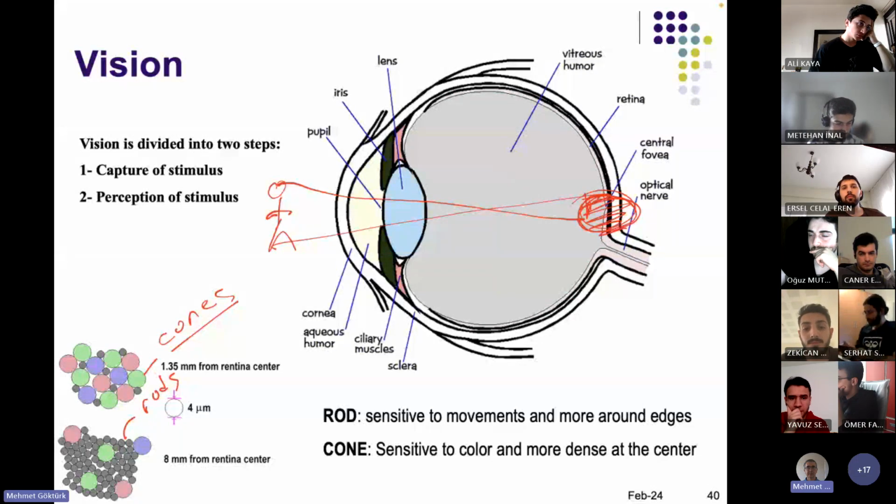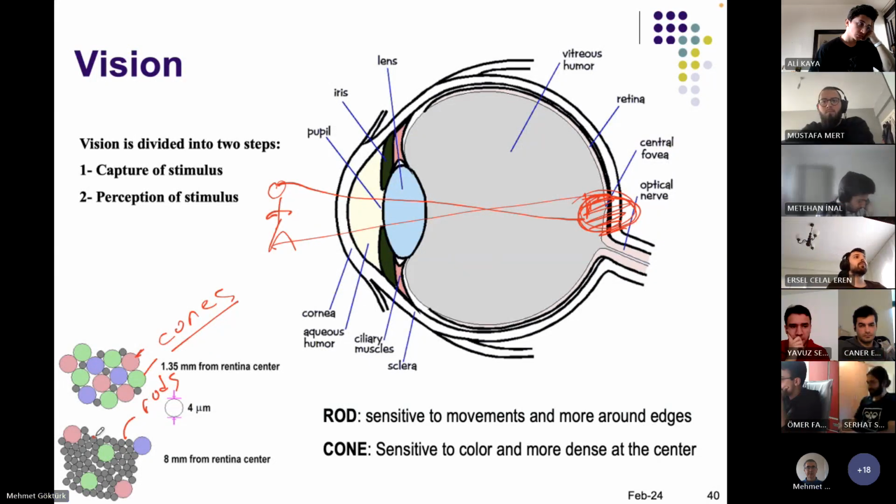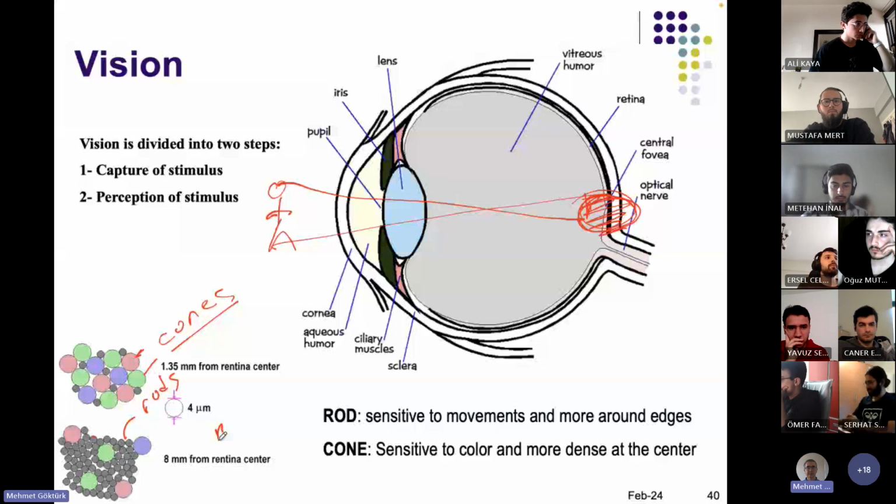So we have cones and we have rods. Rods are sensitive to black and white. And cones are sensitive to color: red, green and blue.